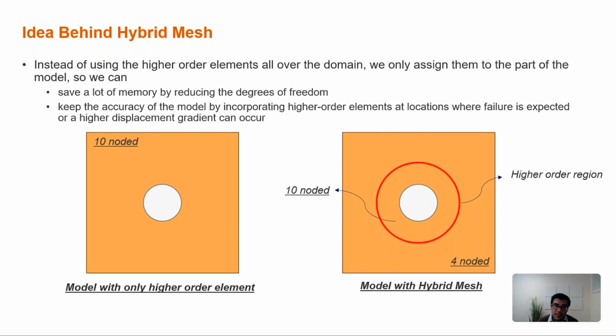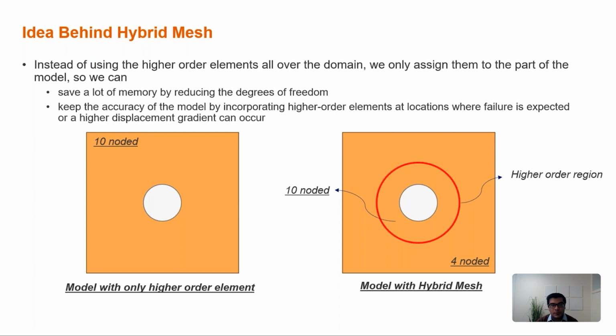This limitation was the main idea that we developed hybrid mesh. So why do we have to use these higher order elements everywhere for the whole domain? We only need these elements at the areas that have higher strain concentration. As we saw earlier, when we are far from these areas, the results of 4-noded are very good.